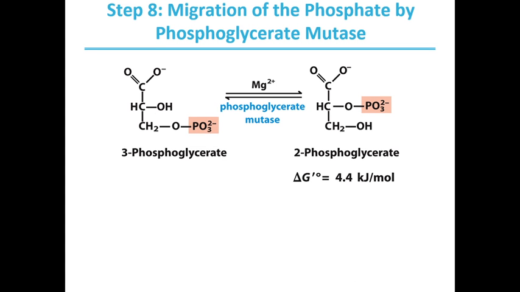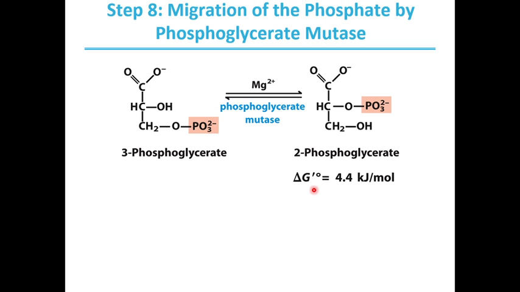Step 8 involves the conversion of 3-phosphoglycerate to 2-phosphoglycerate. And this is catalyzed by the enzyme phosphoglycerate mutase. Now, this reaction is, again, an isomerization reaction, wherein the phosphate moves from the hydroxy at the 3 carbon to the hydroxy at the 2 carbon.